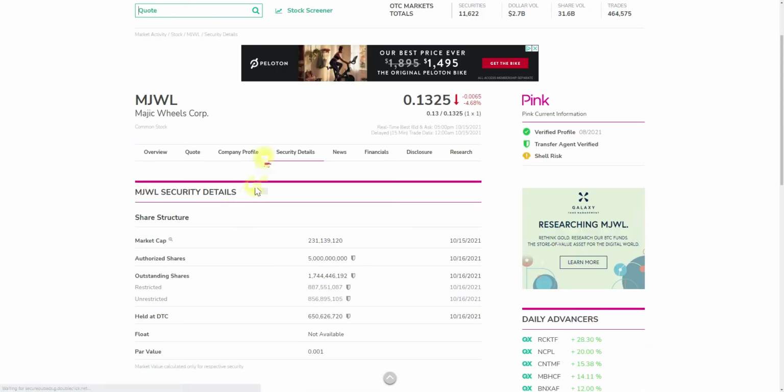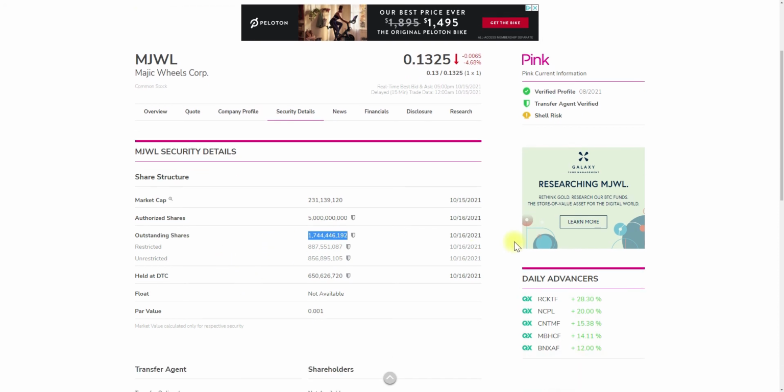Perfect. So MJWL, all right, had a nice run to 25, 26, I think, actually. All right. So as we can see here, the authorized shares, the most they can authorize is 5 billion. Currently, the outstanding shares is 1.7 billion. All right. That is updated right here. Now, restricted.